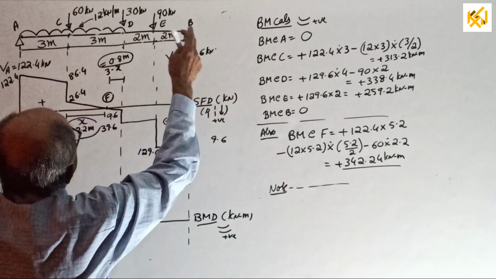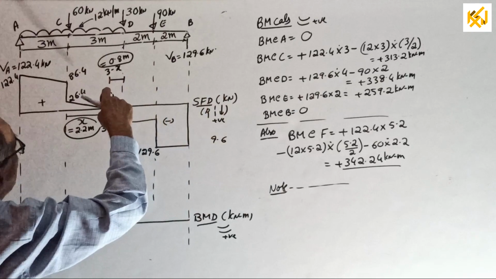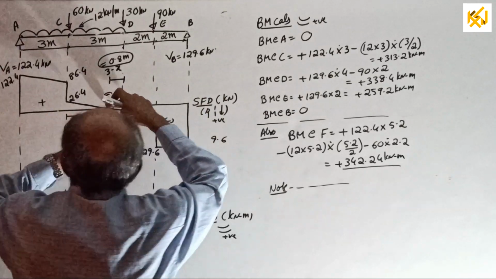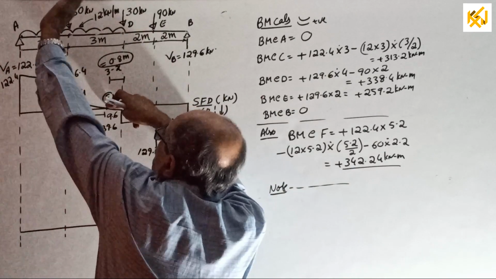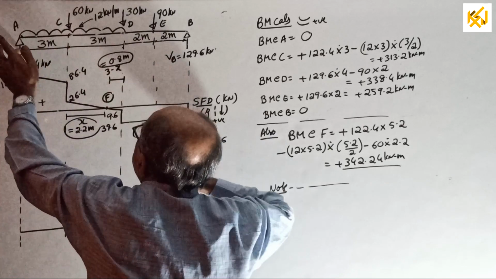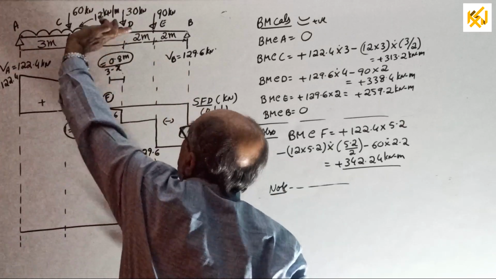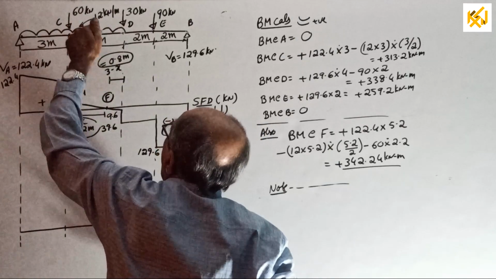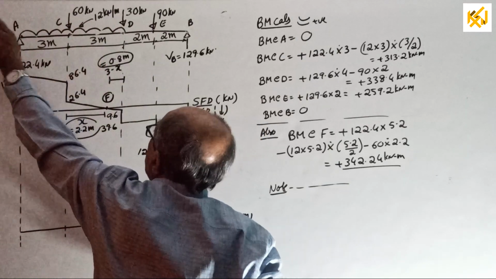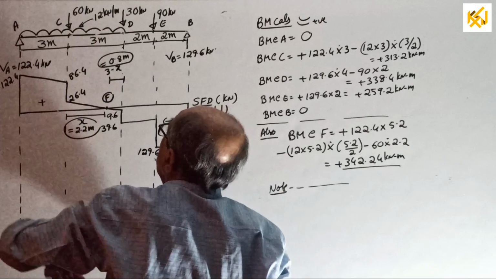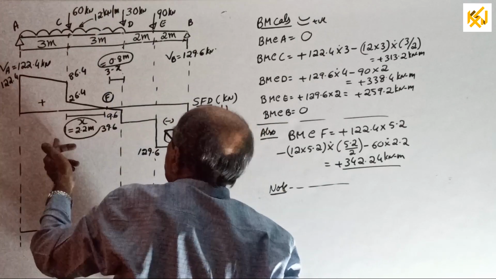After the standard point, you also require BM at F. I will look at this side. Plus 122.4 into 3.2, plus 5.2 minus UDL of 12 into 5.2 into 5.2 by 2 minus 60 into 2.2.